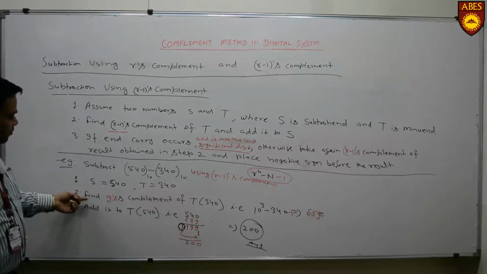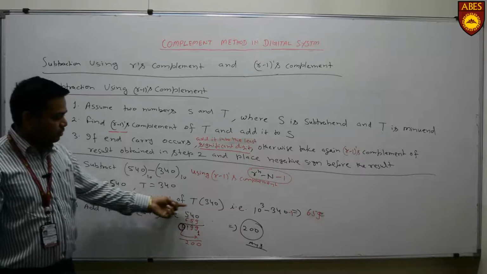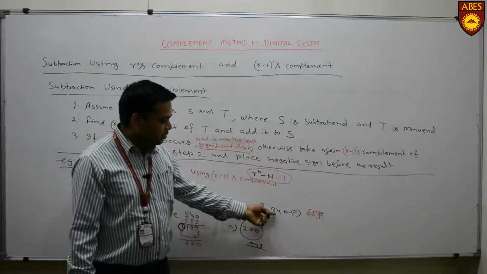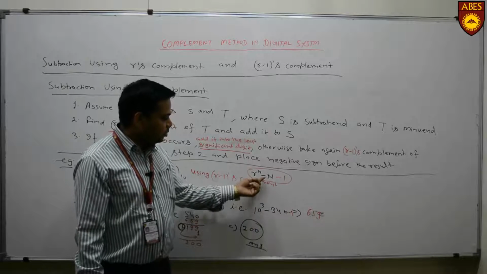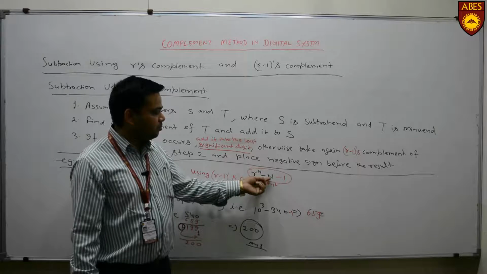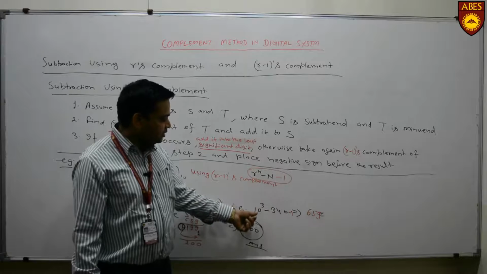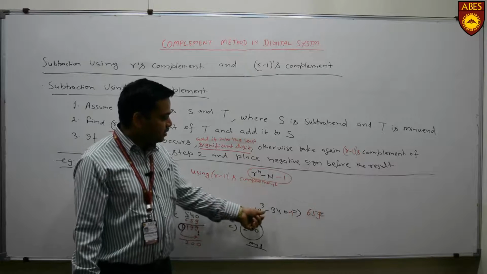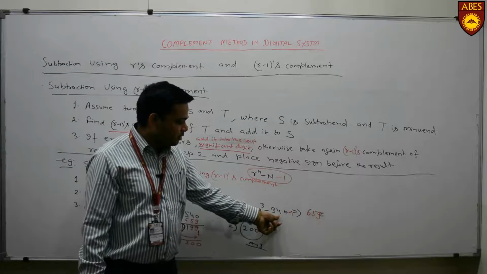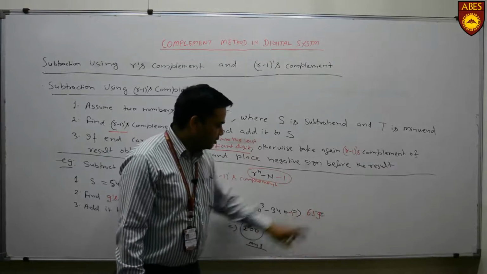In step 2, find the 9's complement in place of the 10's complement of capital T. We will apply the formula small r raised to power small n minus capital N minus 1. Small r is the radix, that is 10, small n is the number of digits, that is 3, and capital N is the digit value, that is 340, and we will get this result.